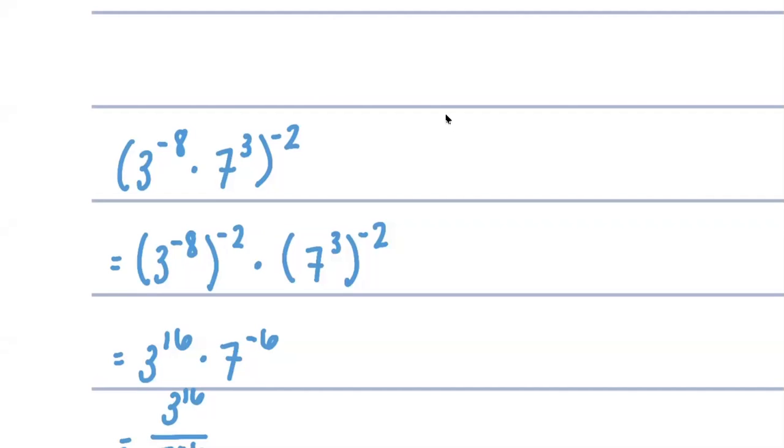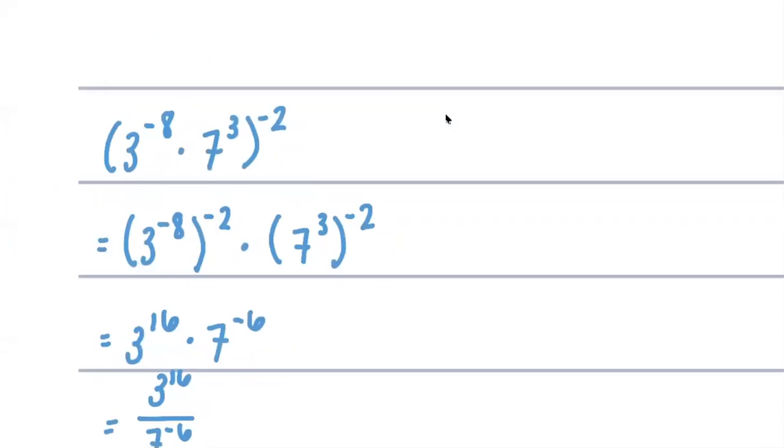Okay, so with this example, you see that you're multiplying 3 to the negative 8th times 7 to the 3rd. So what you're going to do is separate those two things that you're trying to multiply and bring the negative 2 exponent with them. So you can separate them into 3 to the negative 8th to the negative 2 multiplied by 7 to the 3rd to the negative 2.